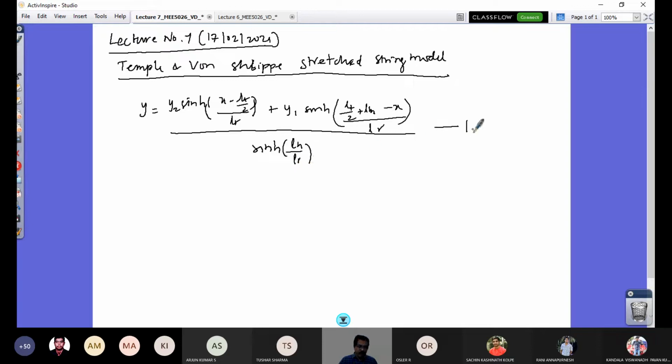So this is equation number 1.44. This is what we derived in the last class for the free region, the deflected shape that we have got.